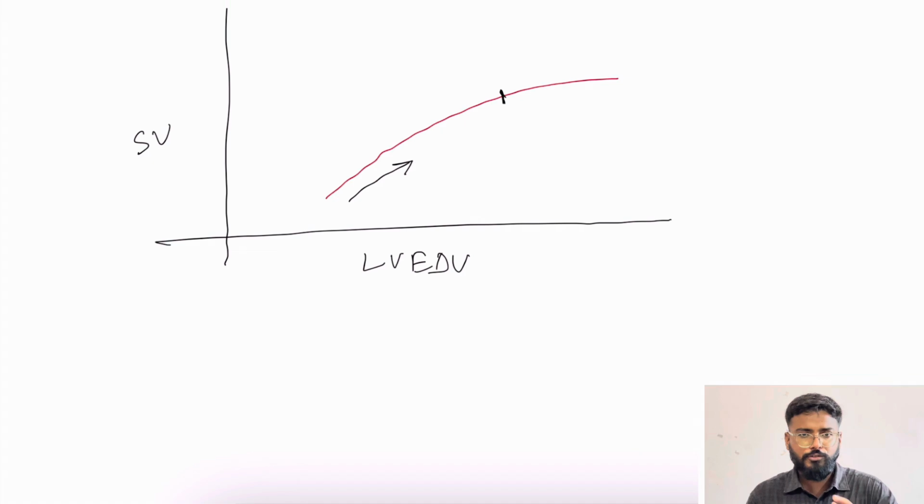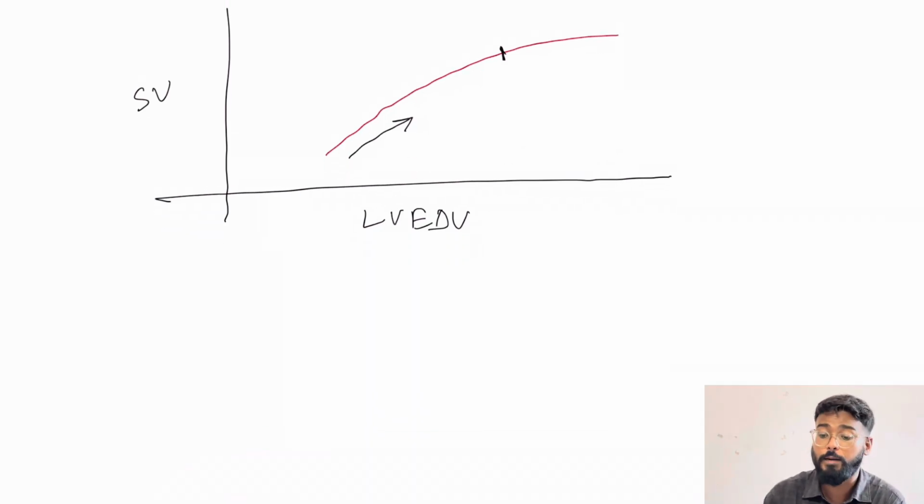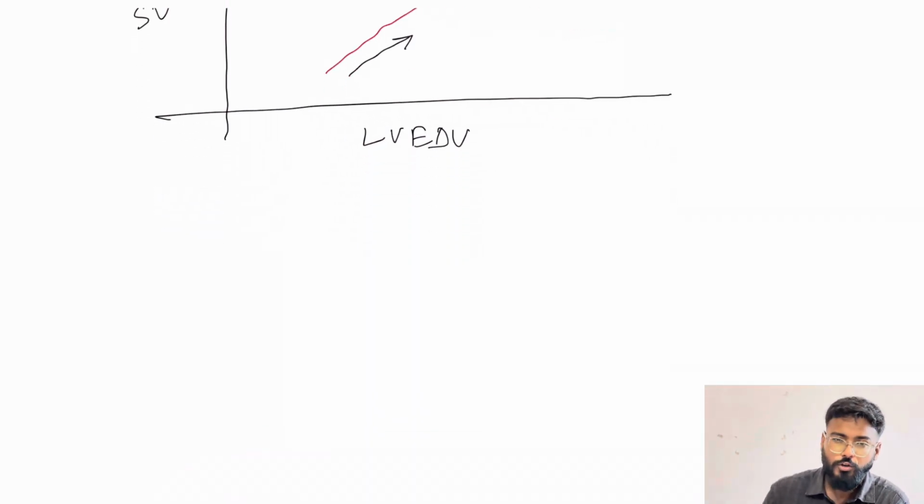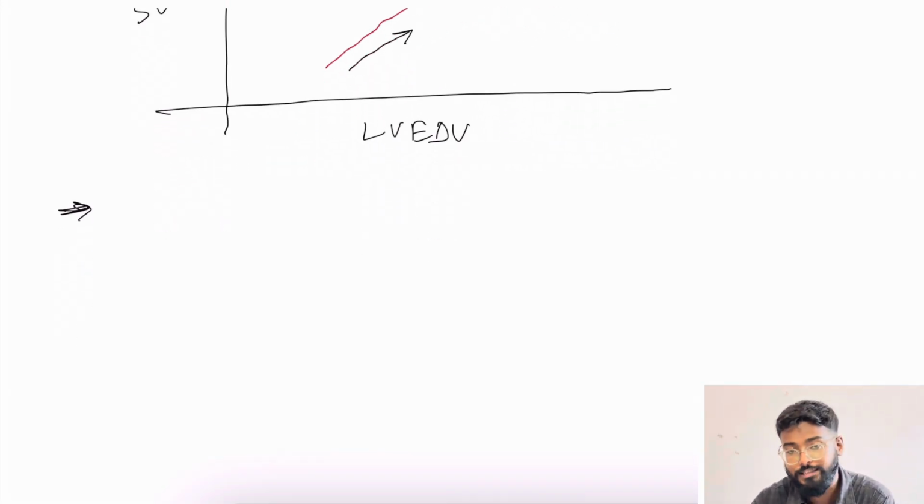As we saw when we were looking at the relationship between the pressure and the volume of the left ventricle, the limiting factor there was the compliance of your ventricles. So what is going to be the limiting factor in this case?